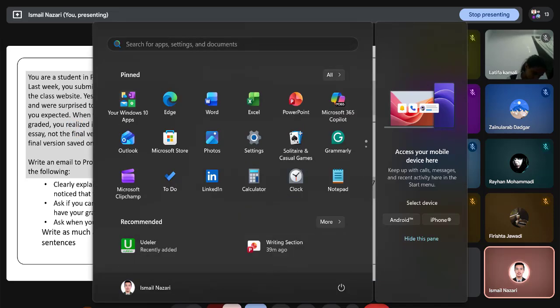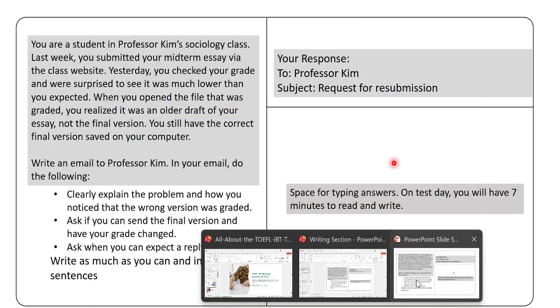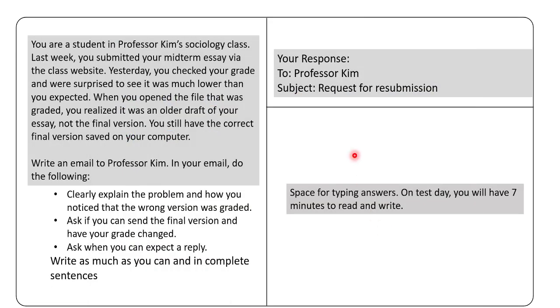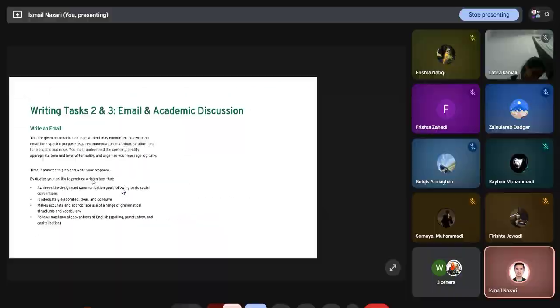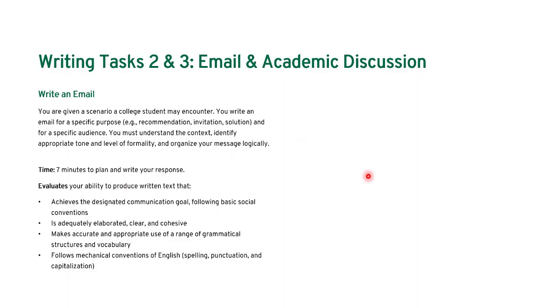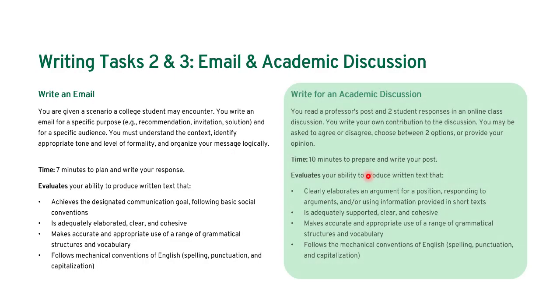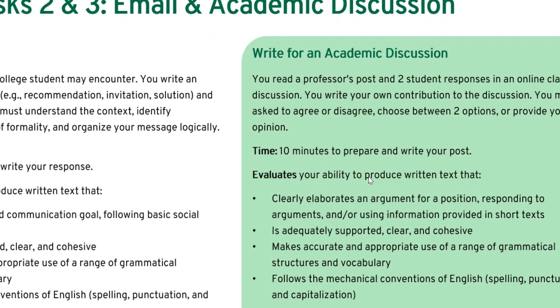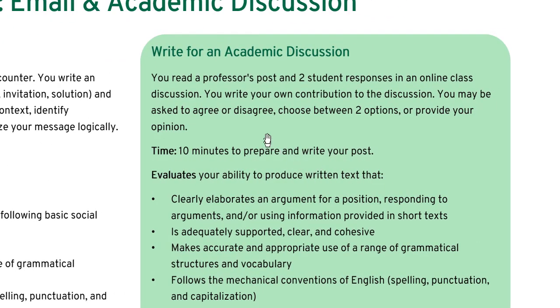So let's get into the next part. The next part is what we have as the academic discussion task. It was the email; in the academic discussion task, first of all, we'll face a post.